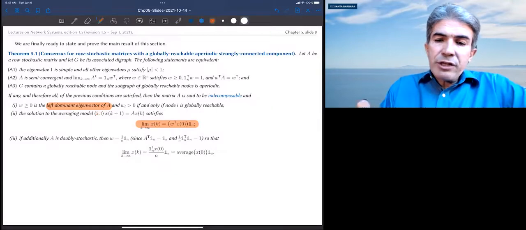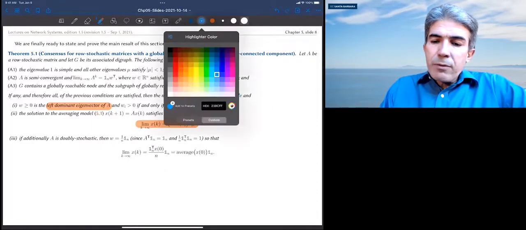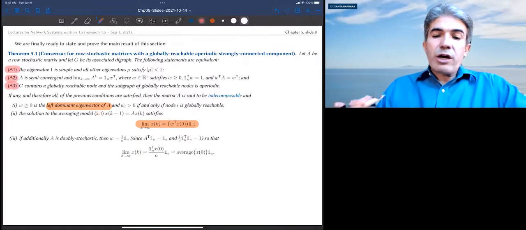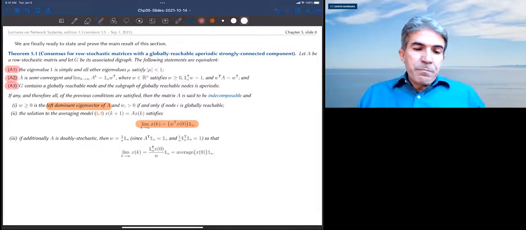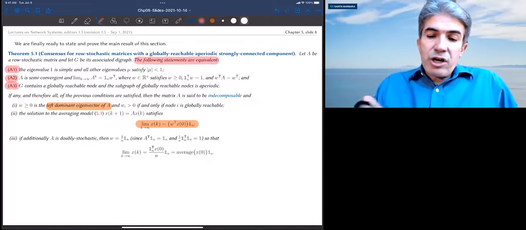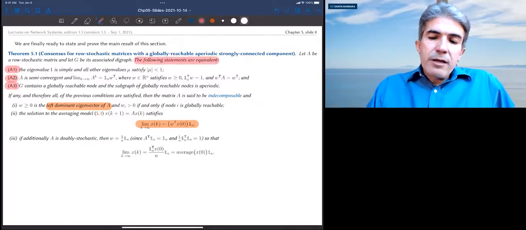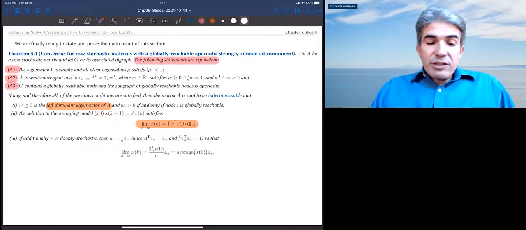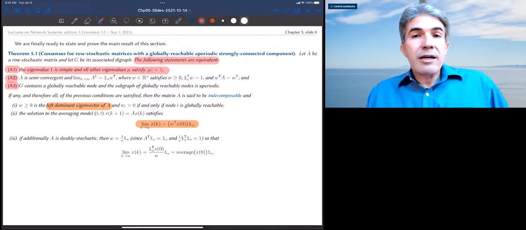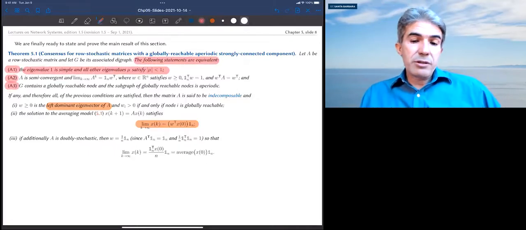These are given in these three equivalent conditions, A1, A2, A3. So what are these conditions? These conditions are equivalent. A1: I want to set myself in the setting where the eigenvalue 1 is simple and all other eigenvalues are strictly dominated in magnitude.